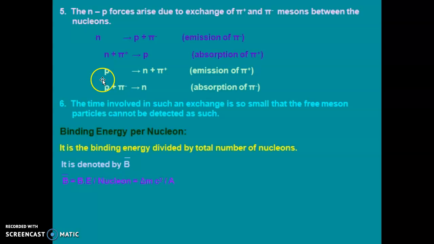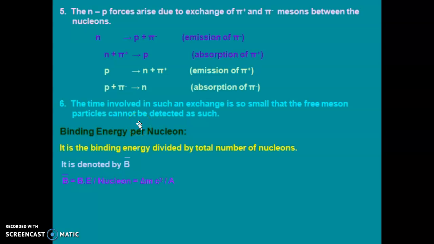Another reaction is proton changes to neutron with the emission of pi positive. This pi positive carries the positive charge of the proton and the neutron is neutral. Similarly, proton absorbs pi negative to form a neutron.